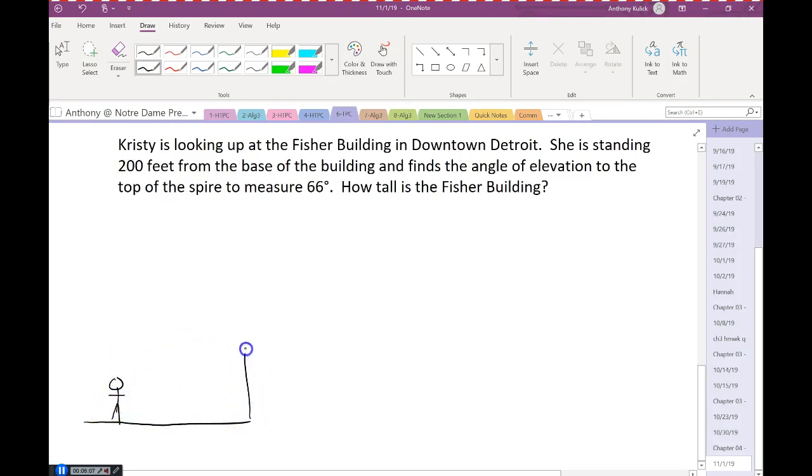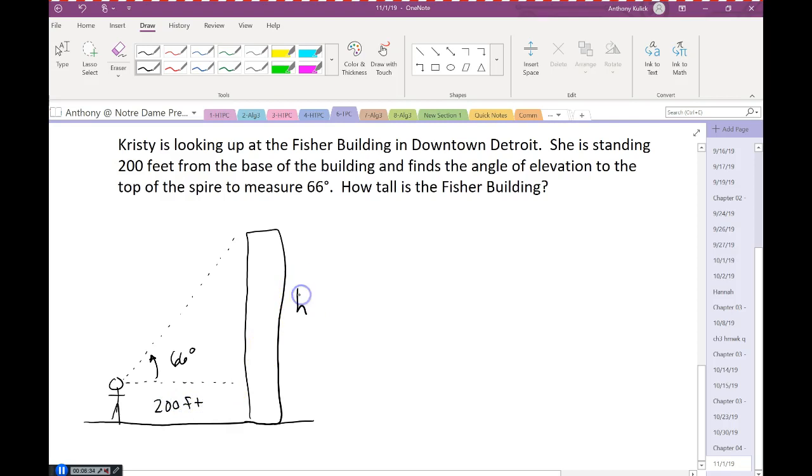So here's Christy. Here's our Fisher Building. So we have our line of sight. And we're looking up. So what kind of an angle is that? That's an angle of elevation. And we're told that we are 200 feet from the building.